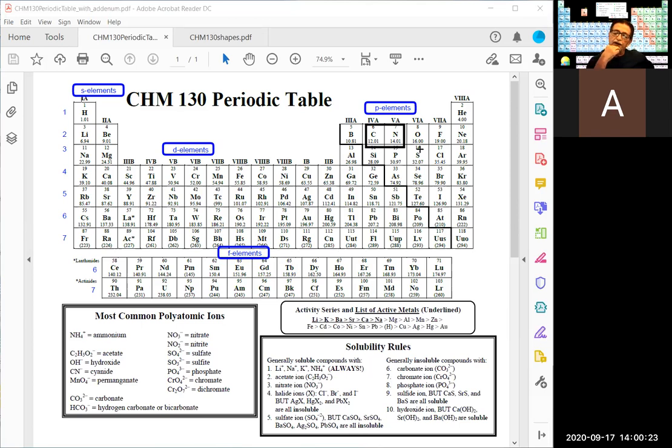Which would you say has a higher electronegativity? It'd probably be the nitrogen, right? Exactly, because it's closer to fluorine. Remember, fluorine is your benchmark. That is the most electronegative element there is. So the closer you go to fluorine position-wise, the higher your electronegativity.